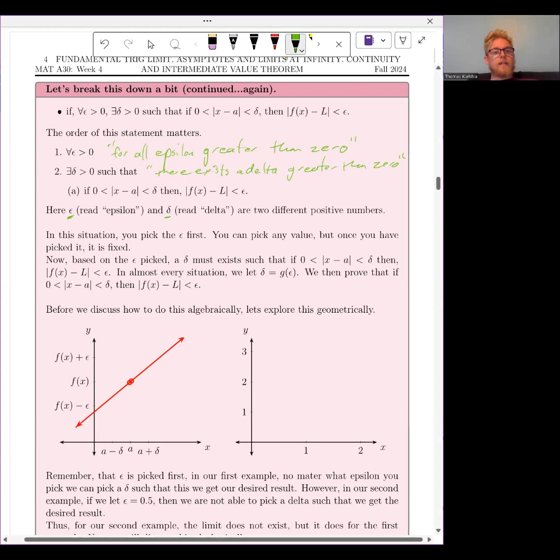In this situation, you pick epsilon first. You can pick any value, but once you have picked it, it's fixed. So the first thing you do is you pick an epsilon and you fix it. Whatever you say epsilon is, it's now that value. You don't give it any numerical value, but it's simply a fixed epsilon greater than 0.